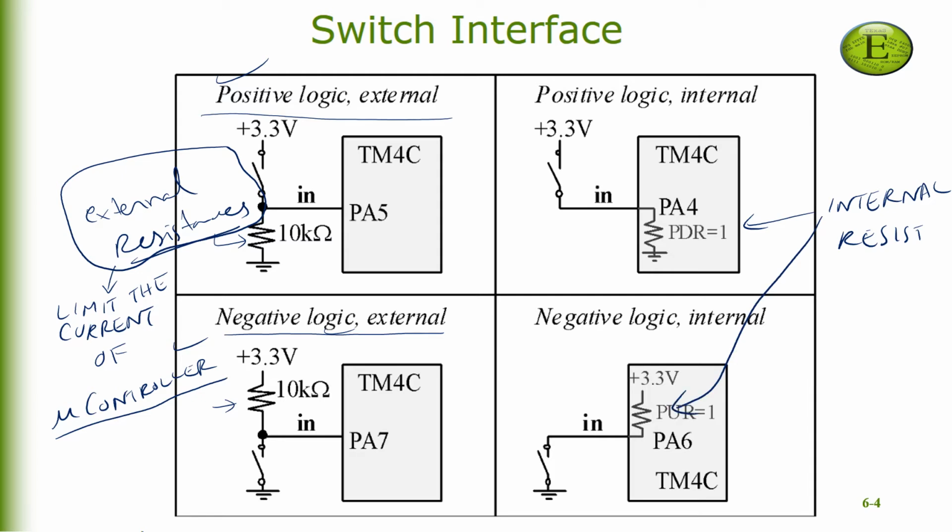The two examples on the right hand side of the table describe how to activate the internal resistances.